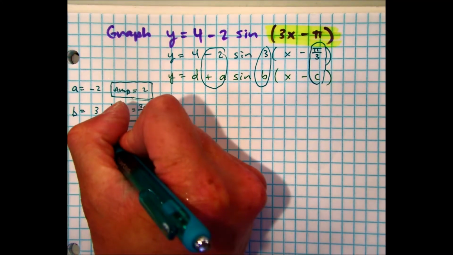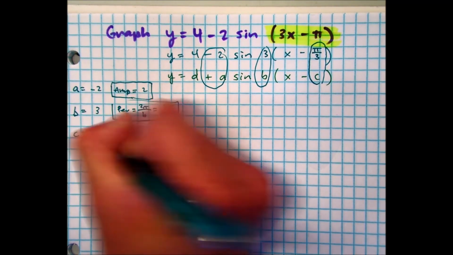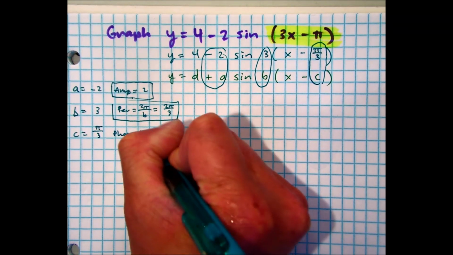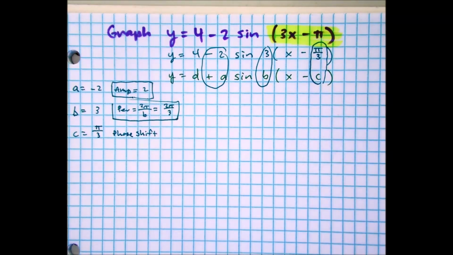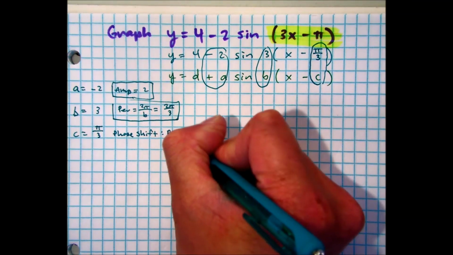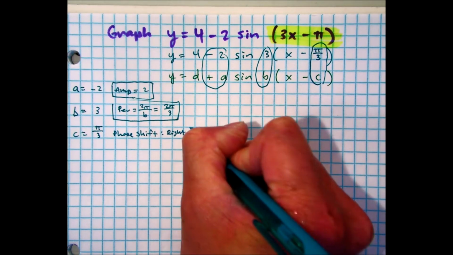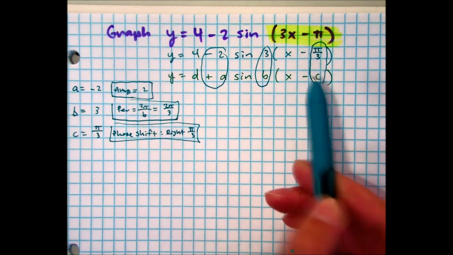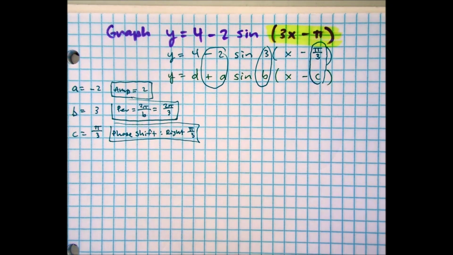The c value is pi over 3. That means our phase shift is which direction? To the right, pi over 3. Remember, add to x, go west or left.